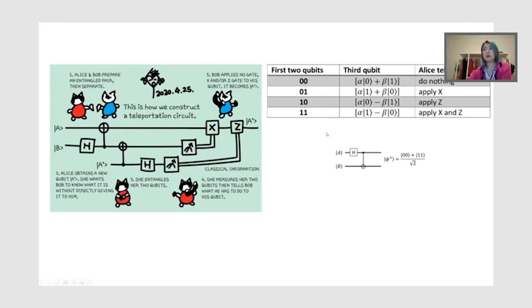Similarly with the other two options. So let's just take a look in detail what this is all about. For the sake of argument, this table applies to the Bell state. If they start their entanglement with this Bell state, this is the table that they would get.